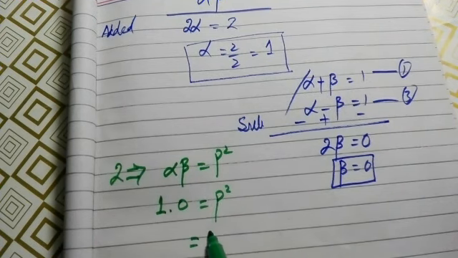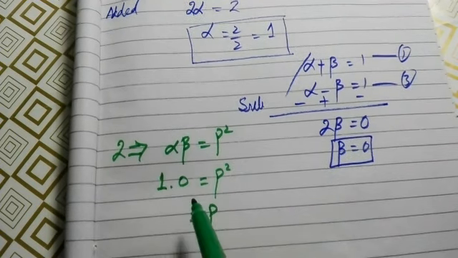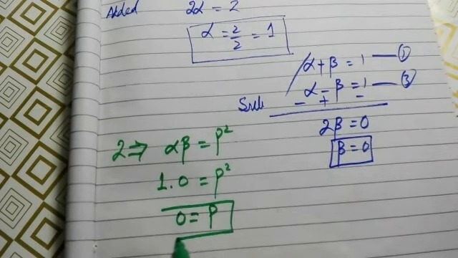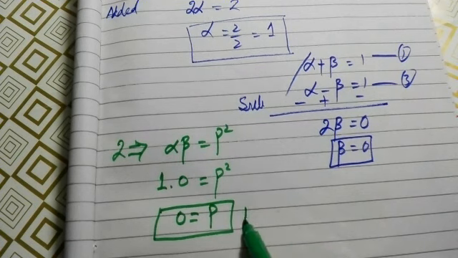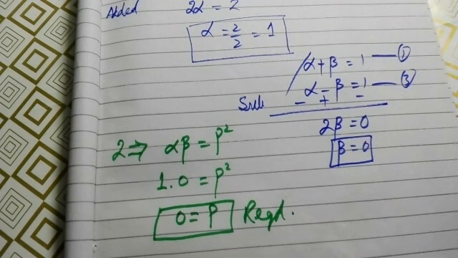So p will become, because we need the value of p not p square, it will become 0. So the value of p will be 0. This was required to find. So p will be equals to 0. Different methods can be used, but I feel this will be quite convenient for you if you go through this process.